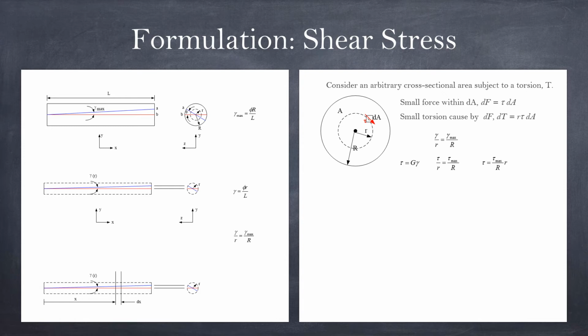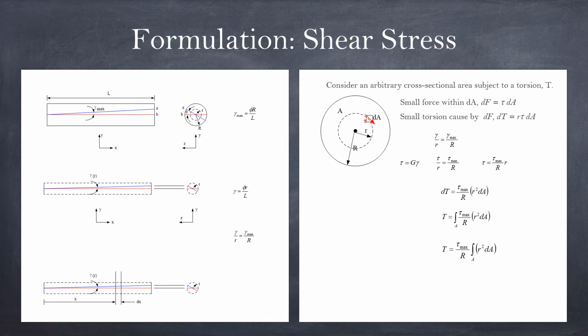We will see why we need that, because we need that constant out of the integration. Now, if we substitute that expression for tau into the expression, then we have r squared dA in that bracket there.